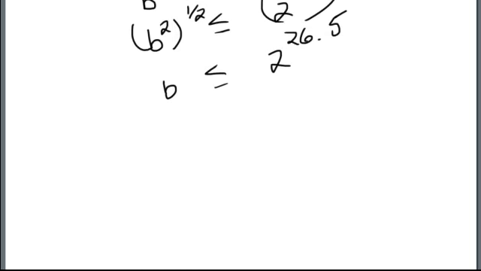I program assembly language, and when I have a radix or a number system, I like it to be a power of 2, because that way when I divide by a power of 2, I'm just shifting. I don't know if that's important, but I have a gut feeling that I want to set b equal to 2 to the 26 instead of 2 to the 26.5.